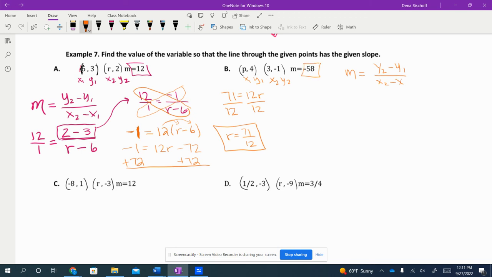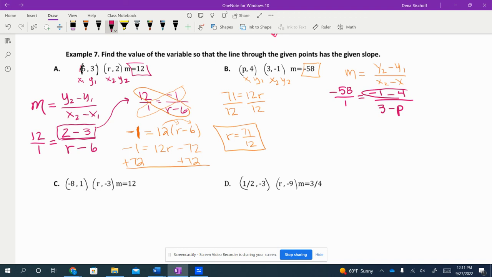My slope is what? Negative 58. I'm going to write it over 1. Negative 58 over 1 equals, what is Y2? Negative 1. What is minus, what's Y1? 4 over, what is X2? 3 minus P, thank you.